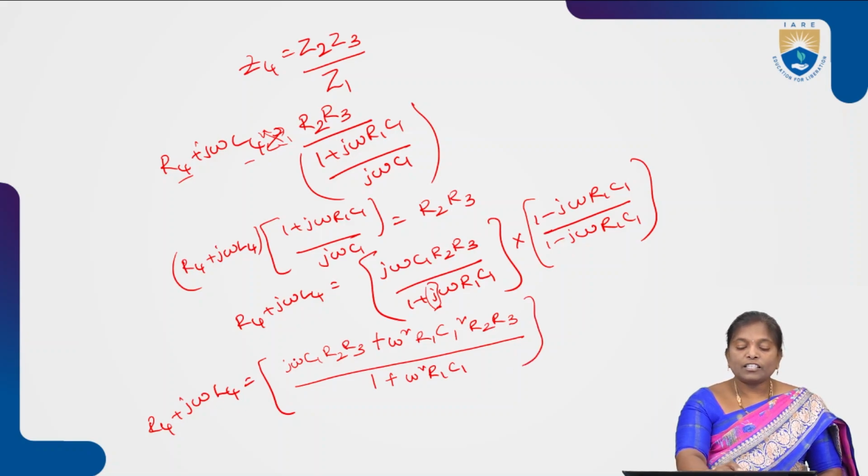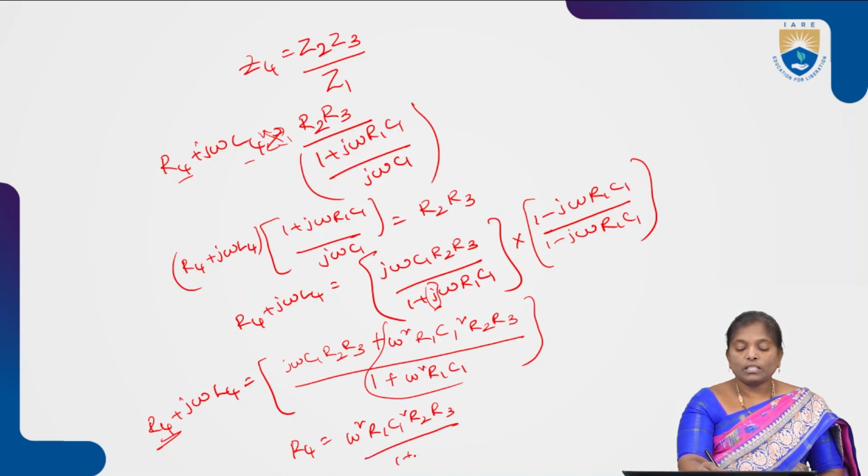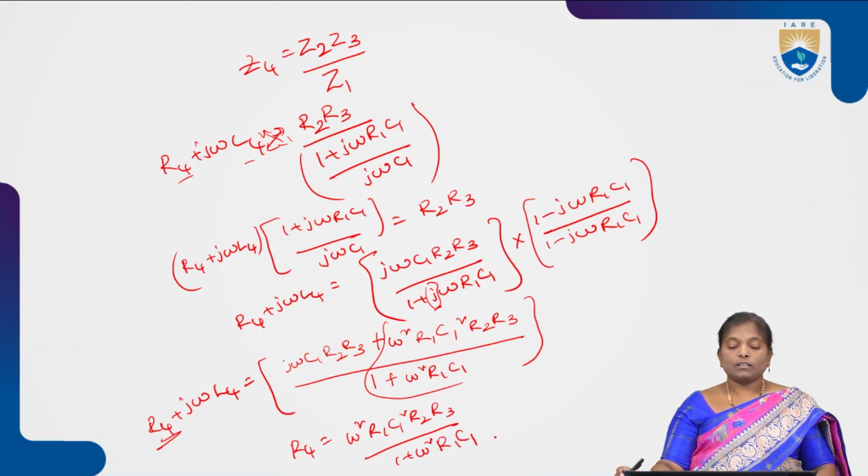Now compare real and imaginary terms on both sides. If you compare real terms on both sides, then we get the expression for R4. The real terms are R4 and this one. Then R4 equal to omega square R1 C1 square R2 R3 by 1 plus omega square R1 C1.